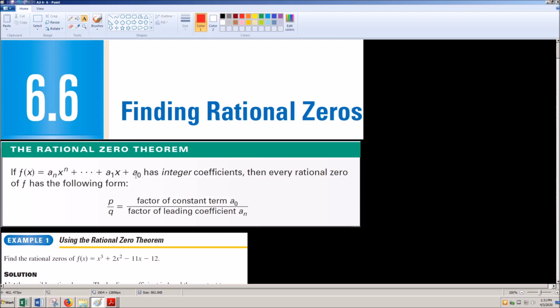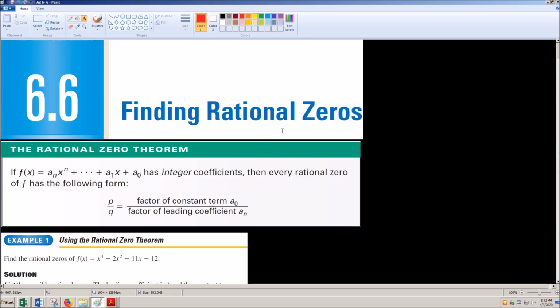In terms of all of these, they have integer coefficients, so there's no 1/2 x stuff here, and every rational zero of f has the following form. There may be some irrational zeros, which we can talk about later, but all the rational ones are going to be p over q.